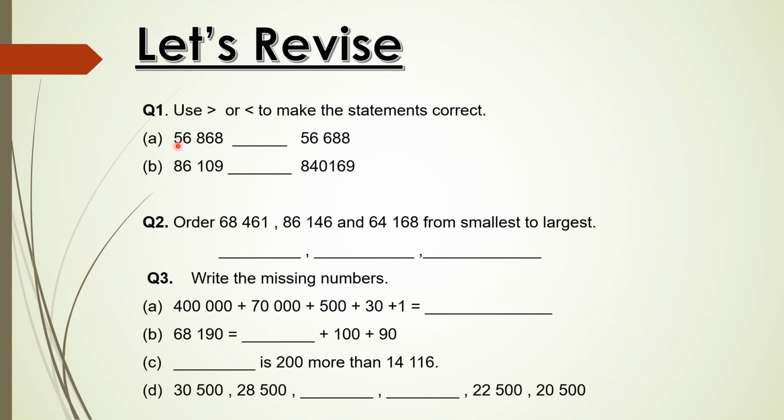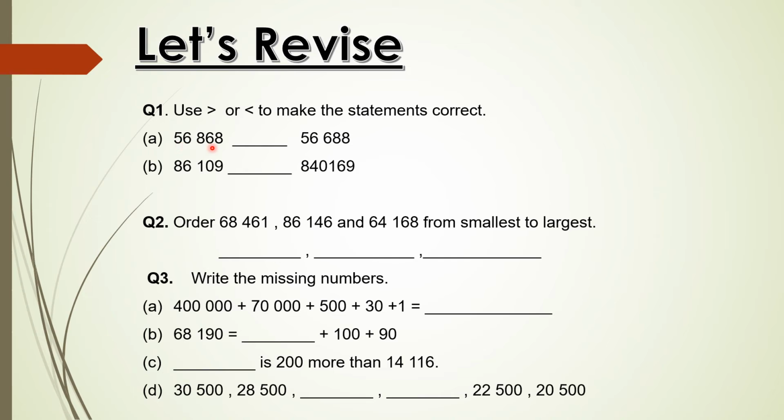Are they in the same places? 5 is standing here in the 10,000 place and 5 is standing here in the 10,000 place. So the very first digits have the same places. Now let's start comparing the numbers. 5 and 5, same. 6 and 6, same. 8 and 6. So which one is bigger? 8, right? So that means the entire number is bigger.